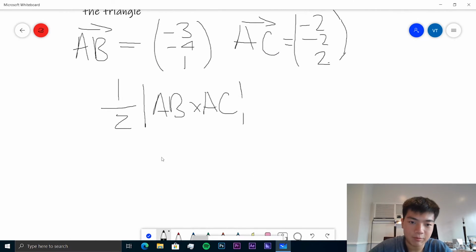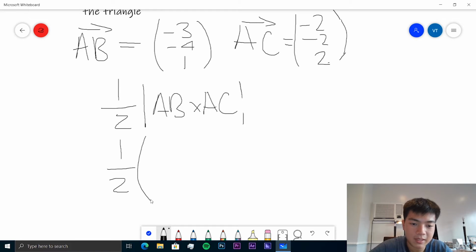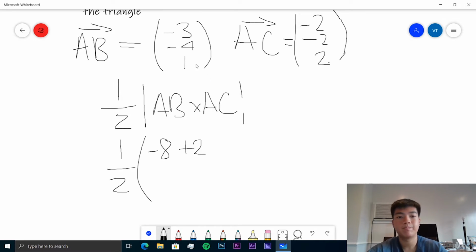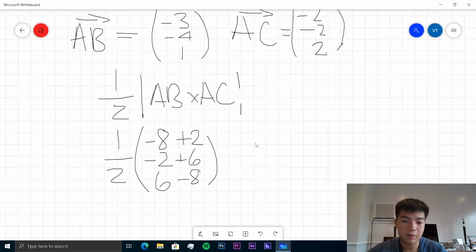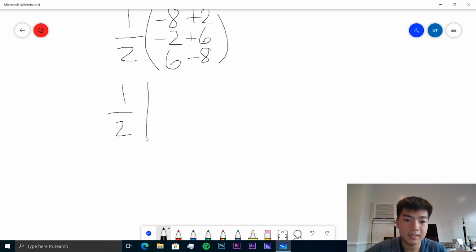So, anyways, we have 1/2 times AB cross AC, so we have 1/2 times A2 times B3 minus A3 times B2. And then here we have A3 times B1 minus A1 times B3. And then finally here we have A1 times B2 minus A2 times B1. So we have 1/2 of the vector -6, 4, and -2.